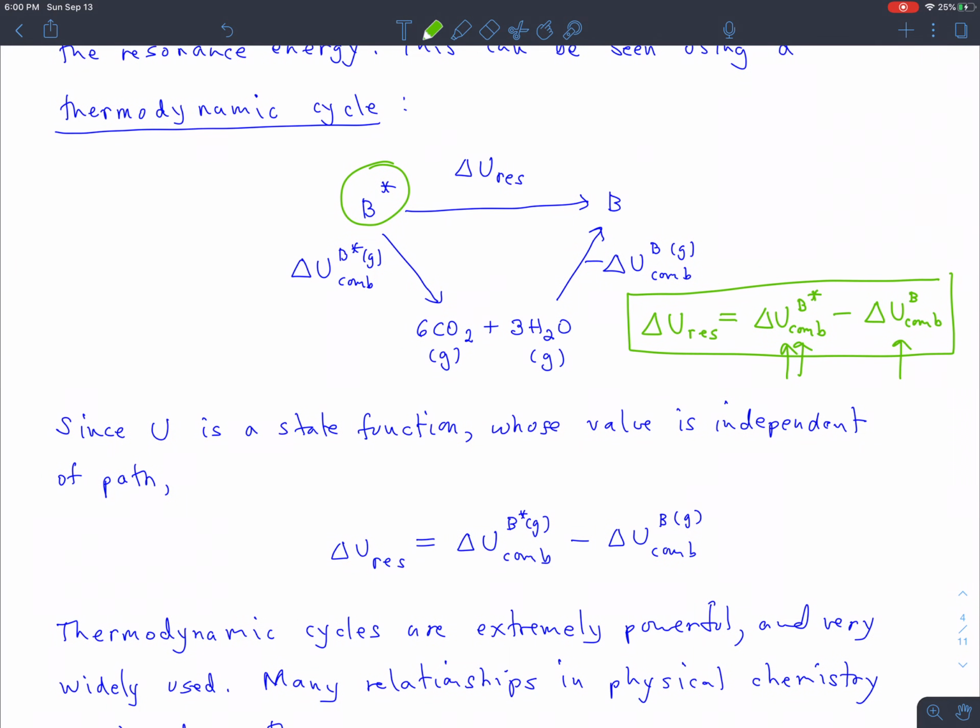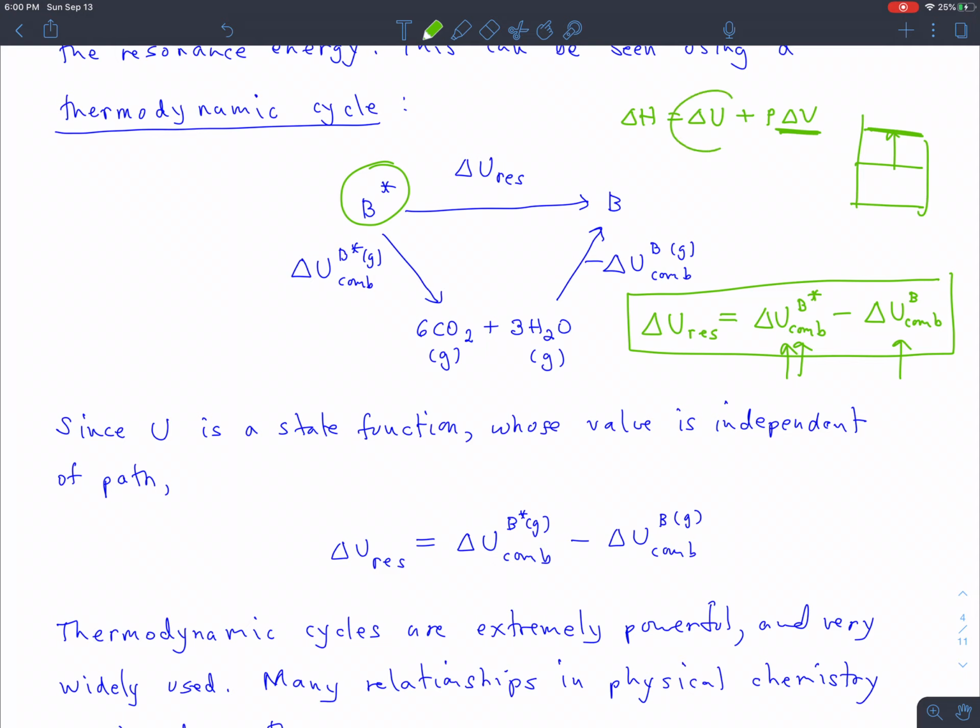The enthalpy delta H is equal to delta U plus P delta V for a constant pressure process. The delta V term there is accounting for the work that's done when, in a constant pressure process, the system changes volume.